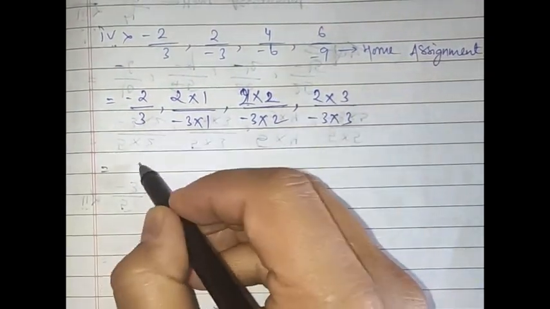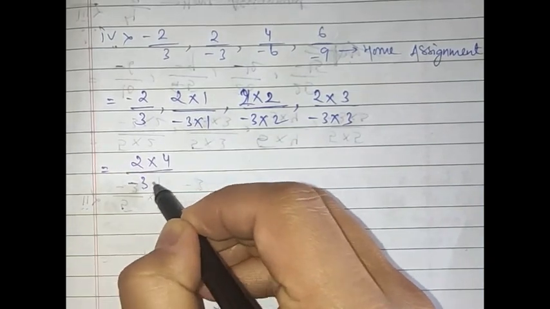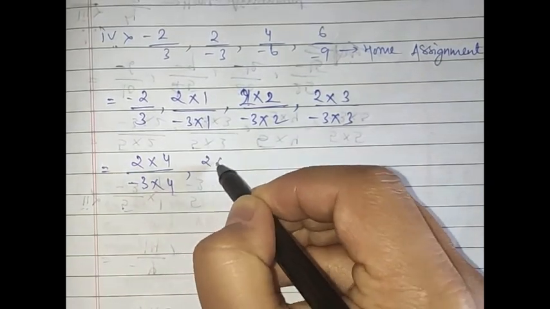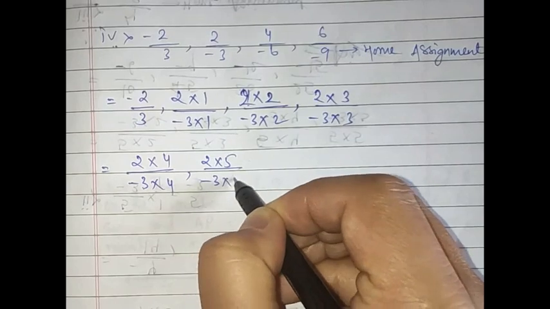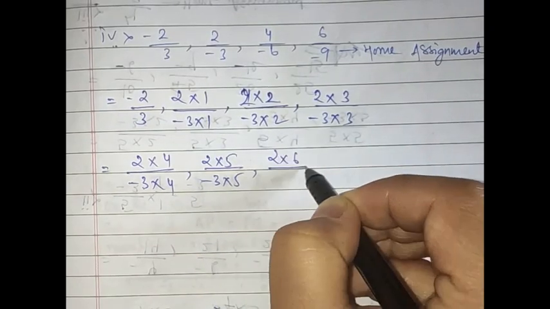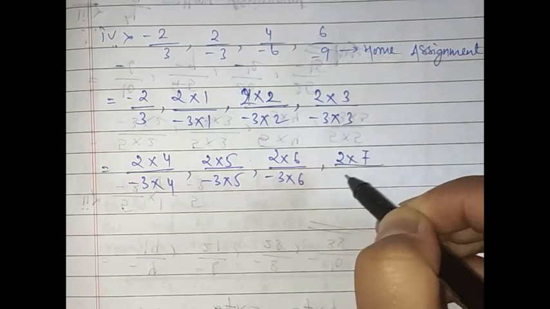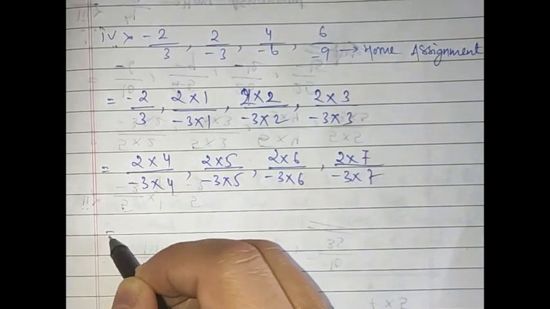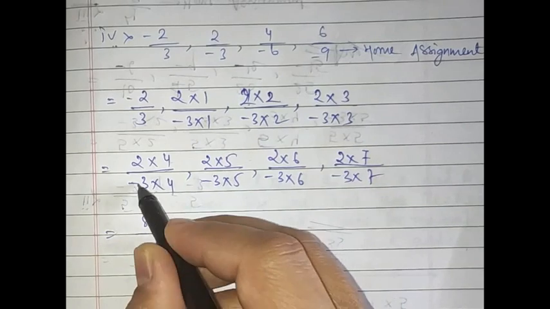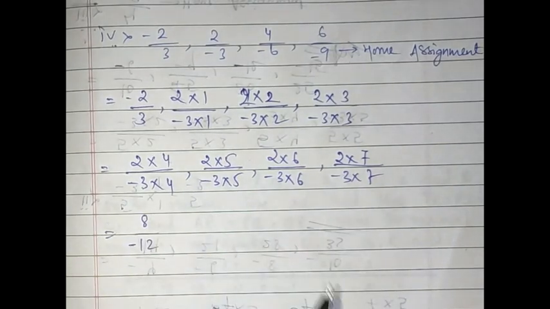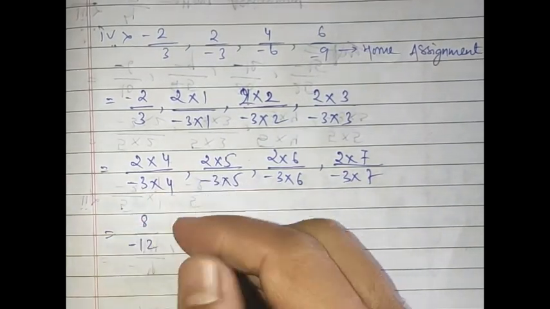Okay. So 2 into 4 by minus 3 into 4, 2 into 5 by minus 3 into 5, 2 into 6 by minus 3 into 6, 2 into 7 by minus 3 into 7. 2 4s are 8 by 12, but minus, because 3 into 4 is 12 and the minus sign is there.